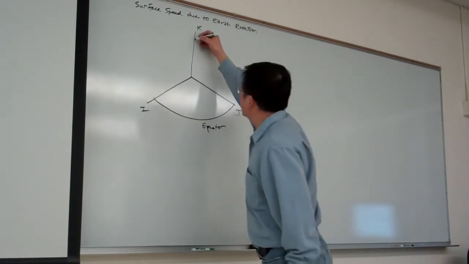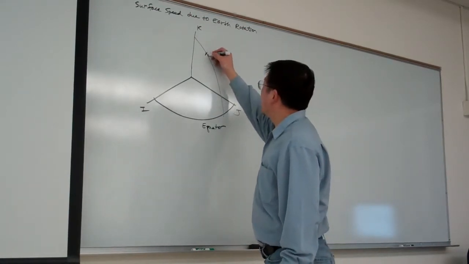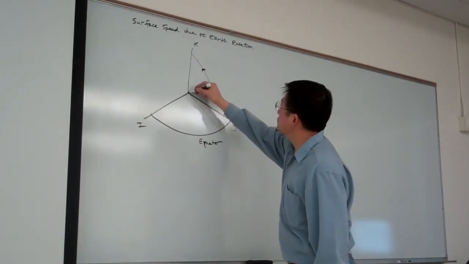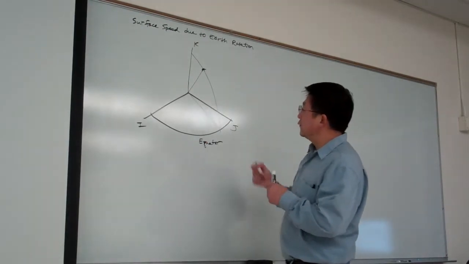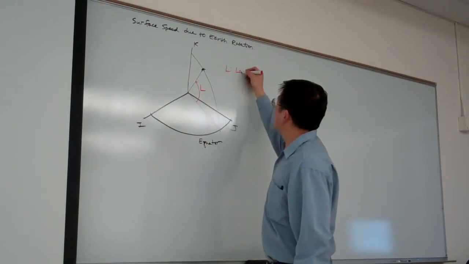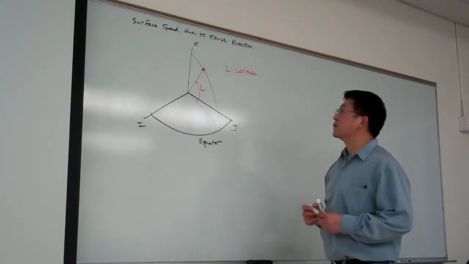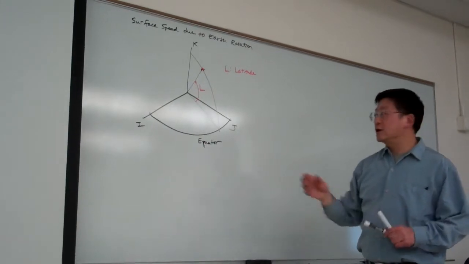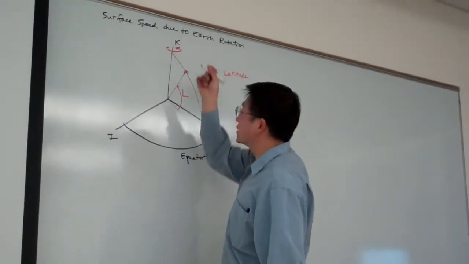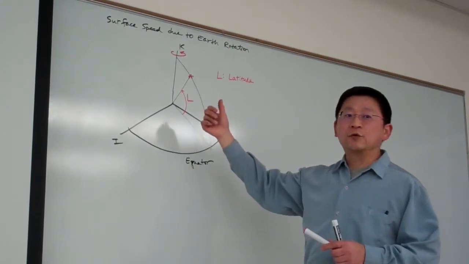Say we consider a city, a place, here. The first thing we must know is the latitude. So the Earth's surface speed is this. We know the Earth rotates eastbound.